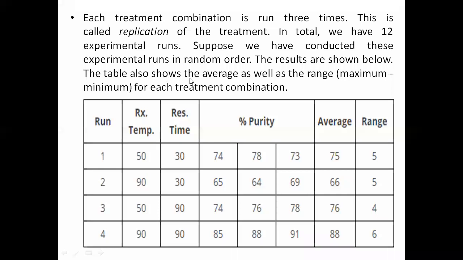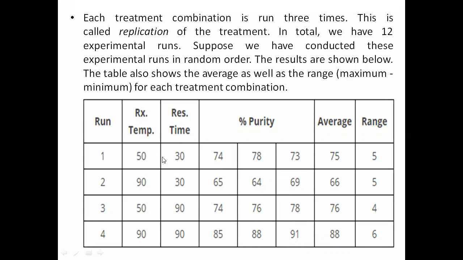The table also shows the average as well as the range, maximum and minimum, of each treatment combination. Our goal is to look for the percentage purity where it is high. So here, run 1, the first experimental run: the reactor temperature is 50 degrees, 30-minute time. There are 12 runs, 3, 6, 9, 12.